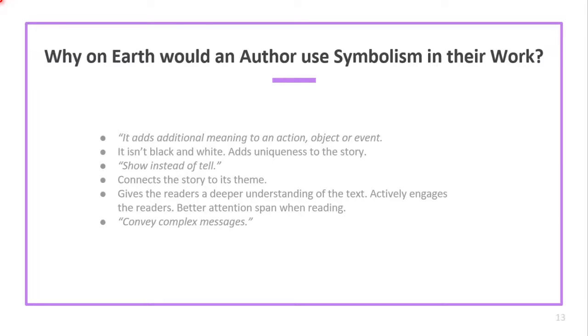And it gives the reader a deeper connection to the text, actively engages the readers, which gives them a better attention span when reading. Now, if you can imagine someone who's read a lot of books, they're probably kind of bored with the same storyline. If you add symbolism, it will cause them to be more attentive while they're reading, and in general be more understanding of your work. And lastly, but certainly not the least, it conveys complex messages.